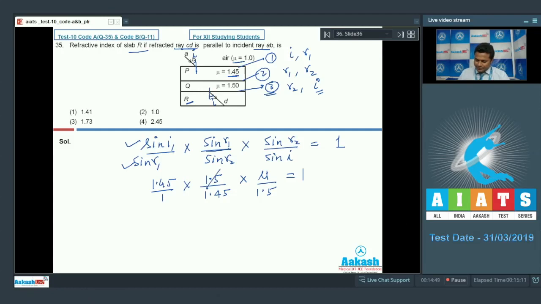Now after solving, we will get the value of mu as 1. It means medium R has refractive index 1. So after looking at the options, we can say that option number 2 is absolutely correct. So we will go with option number 2. Now let us proceed to the next question.